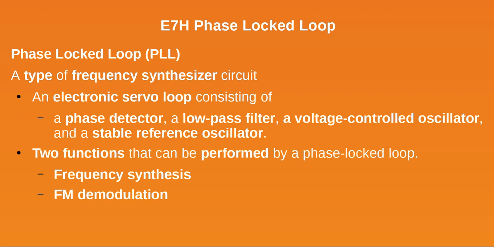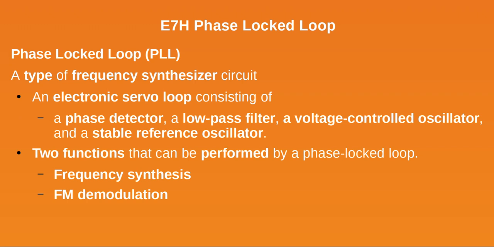So the other method is the phase lock loop. It's really just a servo loop, and you have a phase detector, a low pass filter, a voltage controlled oscillator, and a stable reference, which is usually a crystal oscillator.